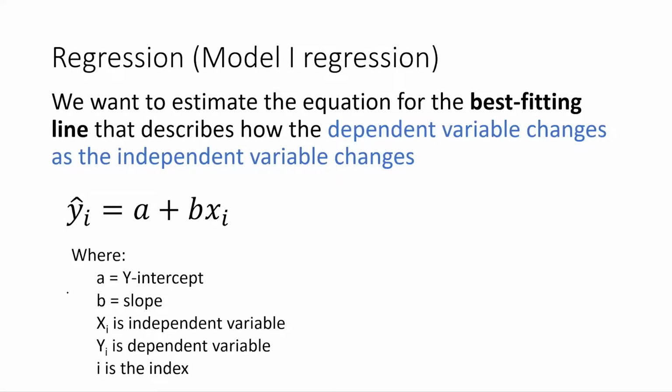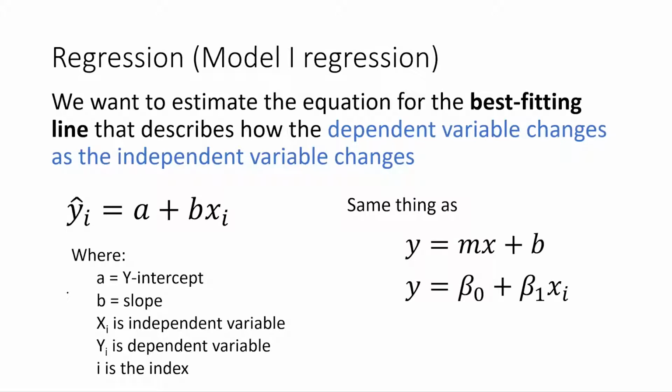The equation for that is y hat sub i equals a plus b x sub i, where a is the y-intercept, b is the slope, x sub i is the independent variable, y sub i is the dependent variable, and i is the index. This is the same thing as y equals mx plus b, or y equals beta sub 0, or beta naught, plus beta sub 1 x sub i. These are all the same things.